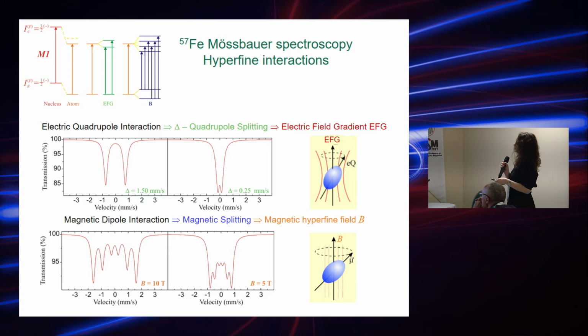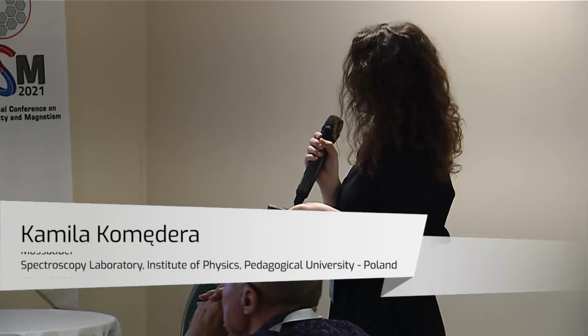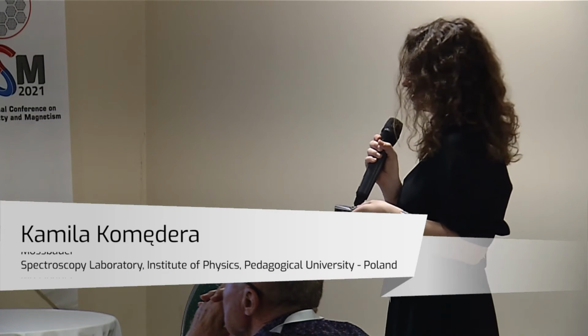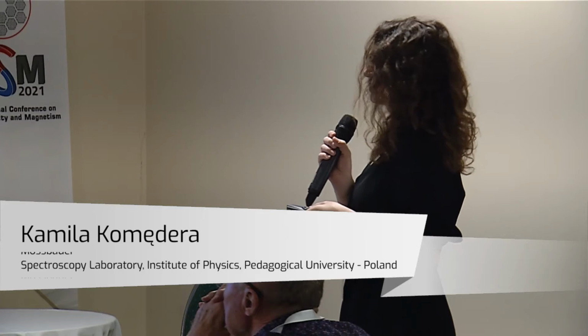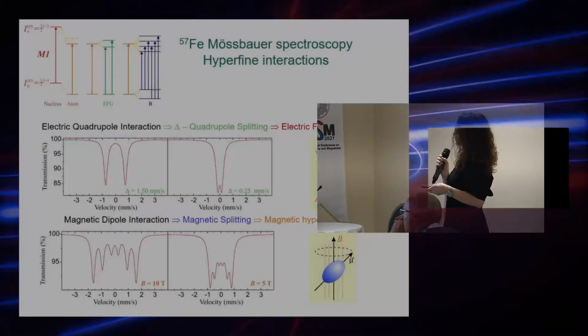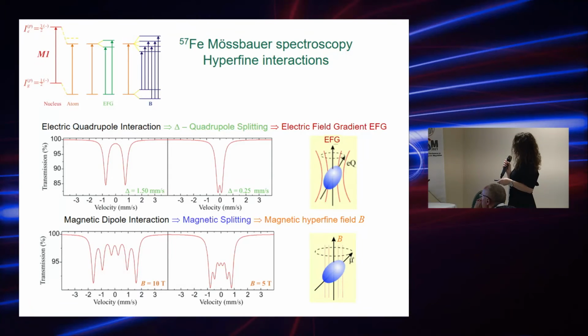We observe that the ground state of the iron nucleus changes and the excited state changes too, but the shift of the excited state is bigger, and it gives us information about the density of electrons at the nucleus. The second is the electric quadrupole interaction, described by quadrupole splitting in Mössbauer spectroscopy, and it gives us information about the electric field gradient.